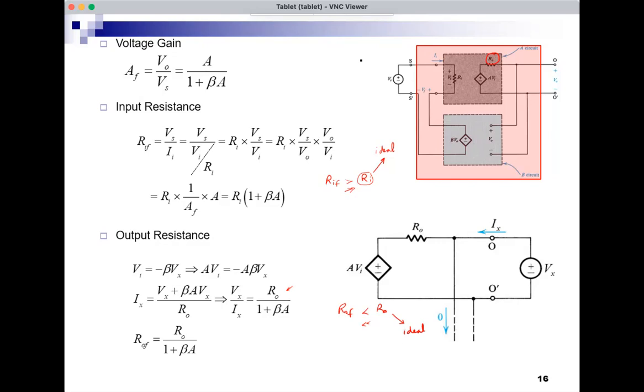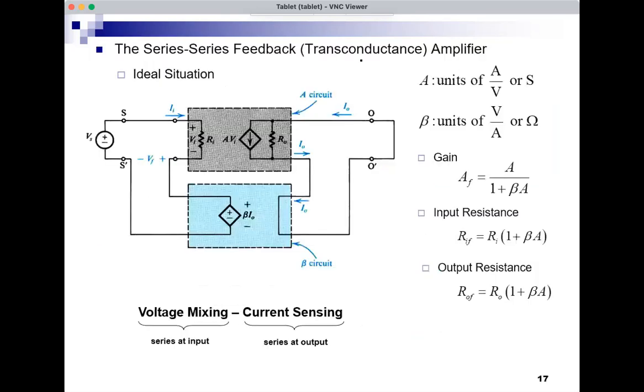We can do a similar analysis for the 4 cases of amplifiers that we talked about. So for the transconductance amplifier, this is the ideal situation. It's very important to note that for the transconductance amplifier, the output quantity is a current.